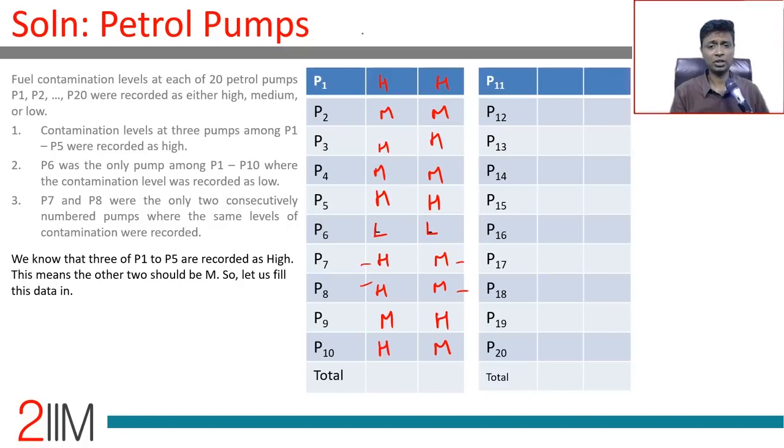Fine. So the first 5 we have nailed on. First 6 we have nailed on. They're certainties. Fine. Now we are going to make inferences about the total number of M's. So let's count that.